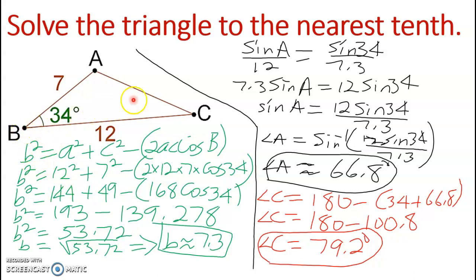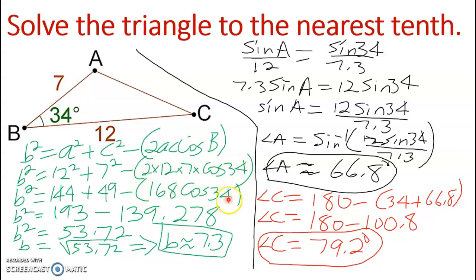So again, I invite you to find side B first, since you know angle B. So it's B squared equals A squared plus C squared minus the product of 2 times A times C times cosine B. So substitute all you have for side A and side C and multiply them by 2. Simplify the parentheses, because you also know the cosine.